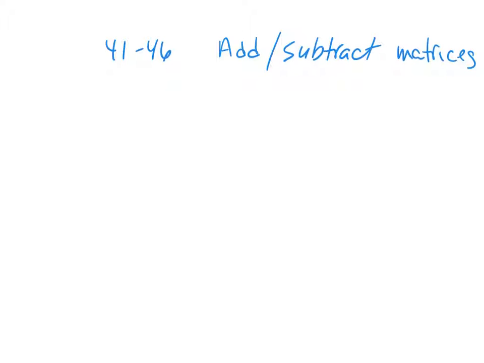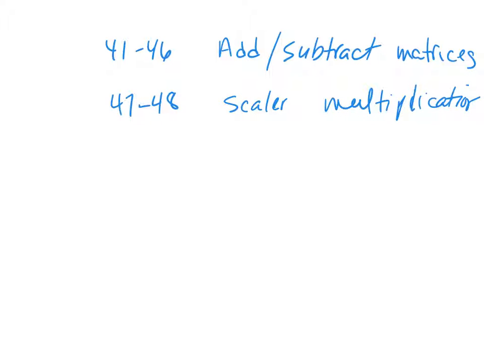And then you're going to do scalar multiplication on 47 and 48. And that's the ones that have like a 4 outside of a matrix, 2, 1, 0, 4, and you just multiply them all. So 8, 4, 0, 16.